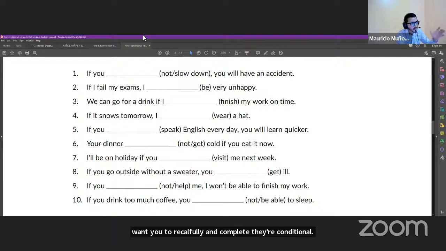Don't forget, when you see the word if, it's present simple. Please complete the exercises according to your criteria or the prompts given. For this activity, dear students, you will have 4 minutes. Complete it, please.